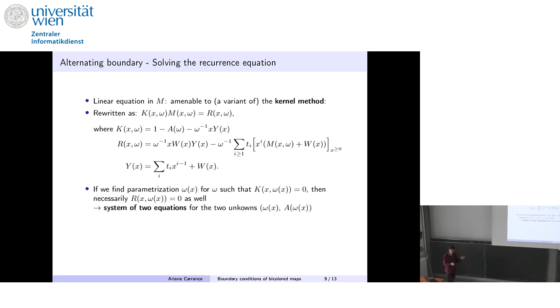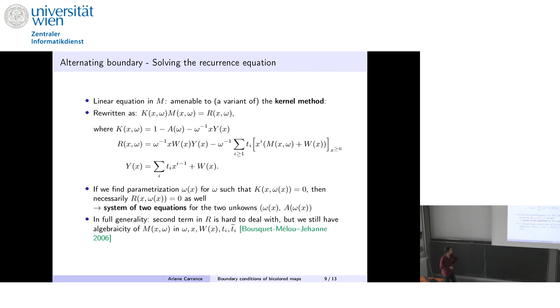The idea of the kernel method, or this variant of the kernel method that we applied, is that if we find some function omega of x for which the kernel vanishes, then necessarily, from the way we wrote our equation, R vanishes as well. And so we would have two equations for our two unknowns, omega of x and A of omega of x.